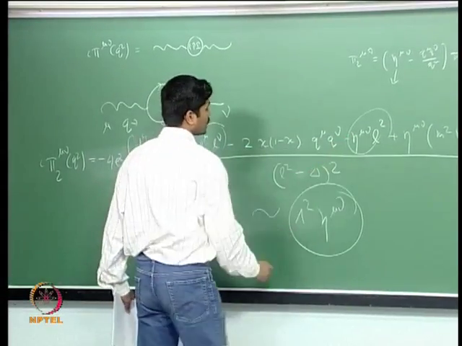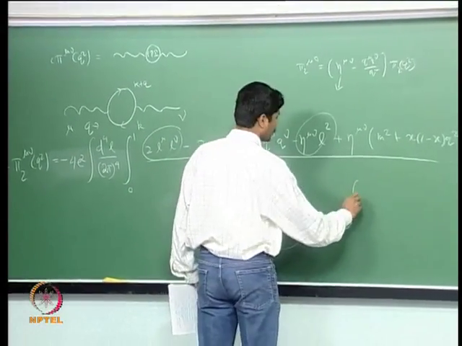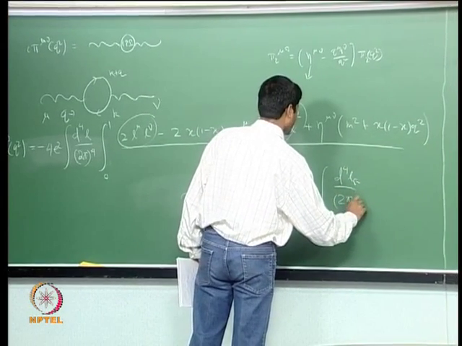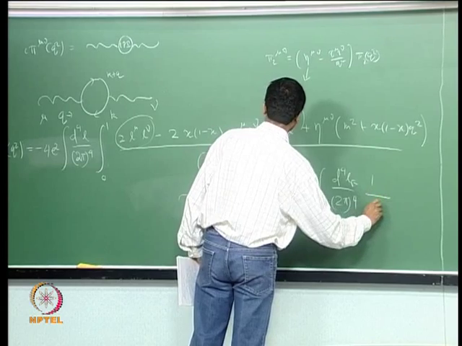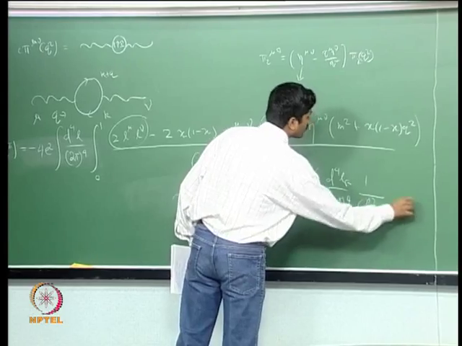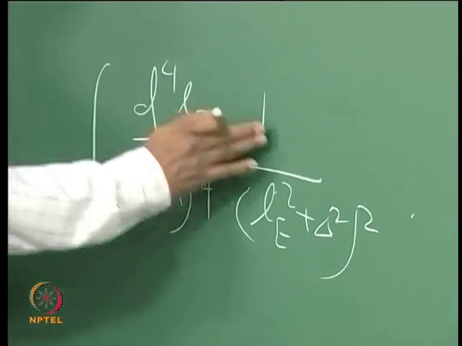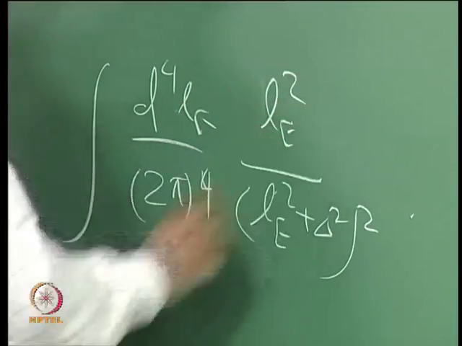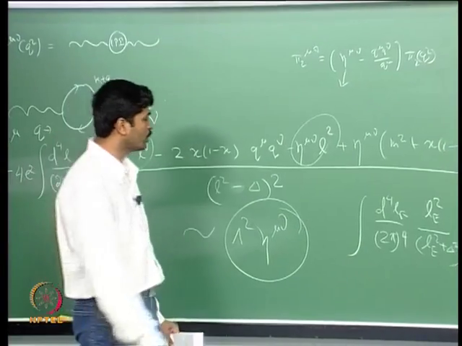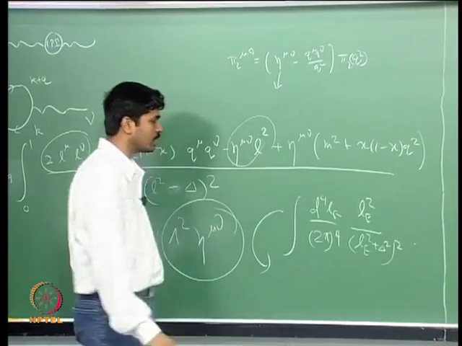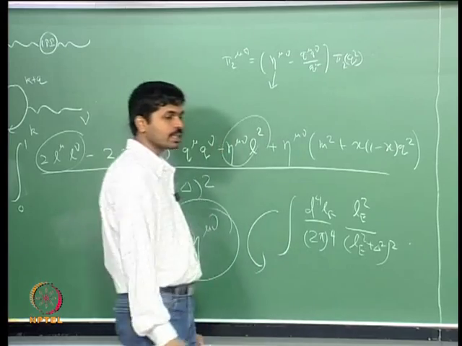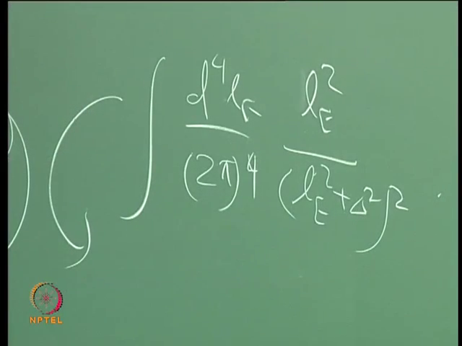When you do a Euclidean continuation, you will get integrations like d 4 L_E divided by (2 pi) to the power 4, of 1 over (L_E square plus delta) whole square, or L_E square divided by (L_E square plus delta) whole square. Instead of taking this integration in 4 dimensions, you evaluate it in d dimensions, and at the end of the day you take the limit d goes to 4.